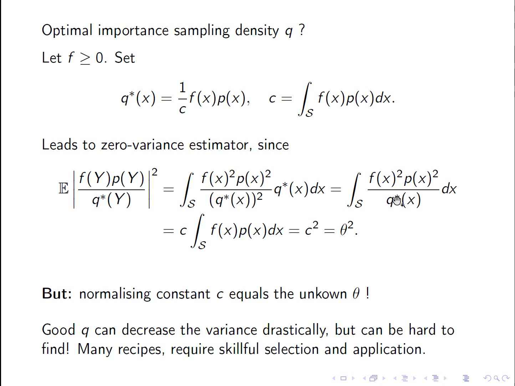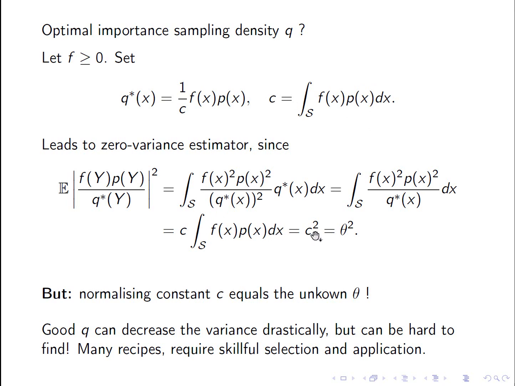And now let's plug in what is q star. q star is 1 over c times f times p. So this square goes away, this square goes away, and we get a c in front. Okay, now we have c times the integral over S of f of x p of x dx.